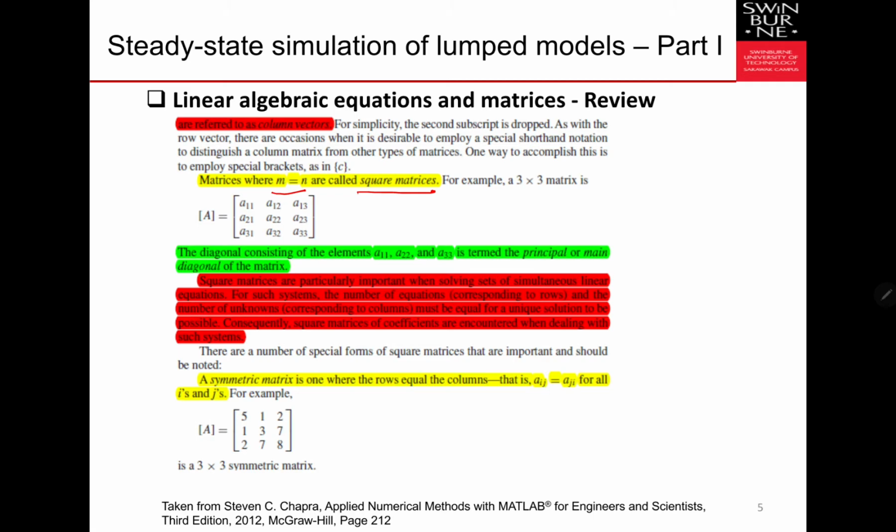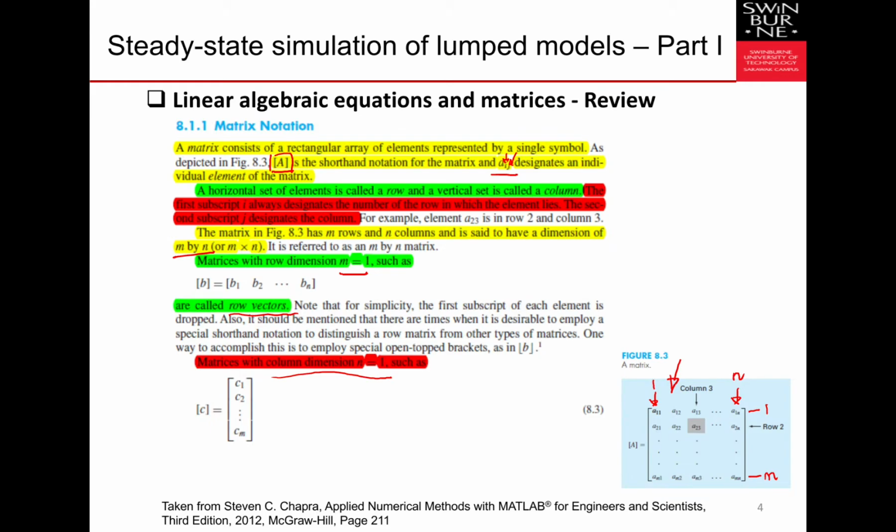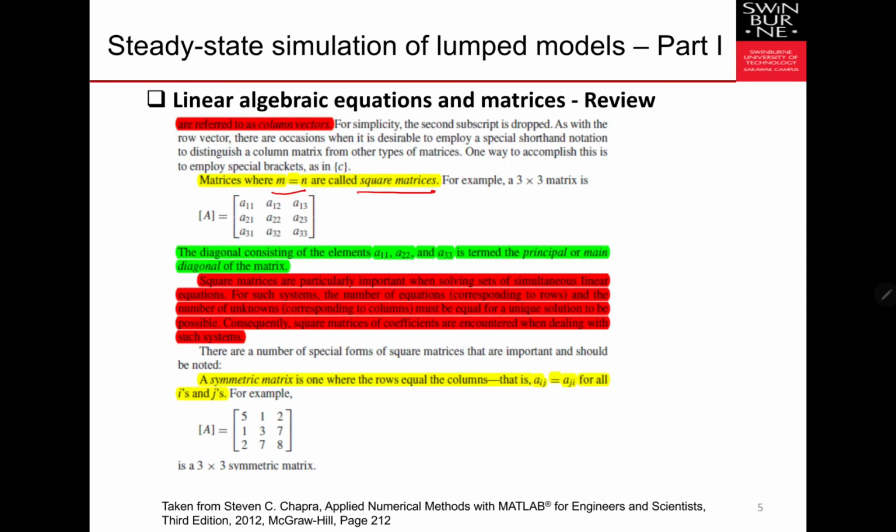Square matrices are particularly important because a square matrix implies that you have the same number of equations as variables to be solved, so that a unique solution will be possible. You can look back at the previous slide on how to write or define these row vectors and column vectors.